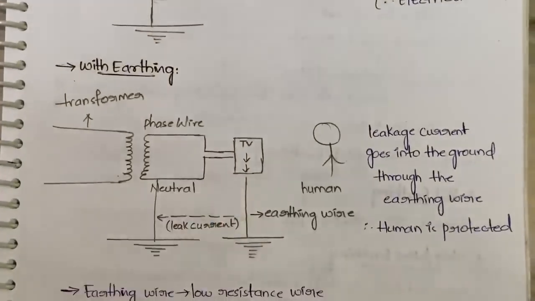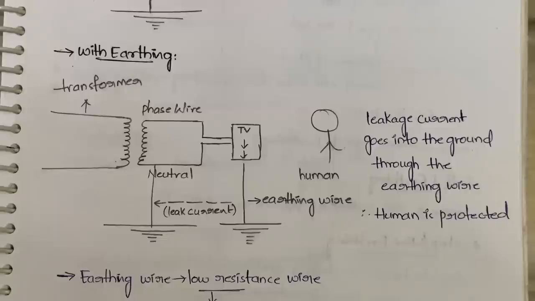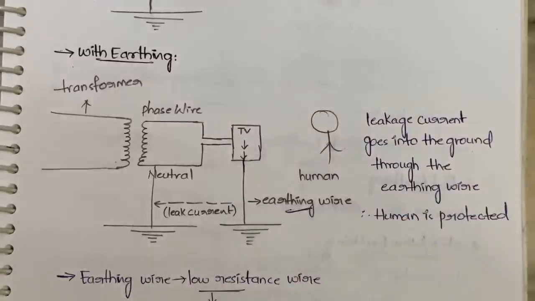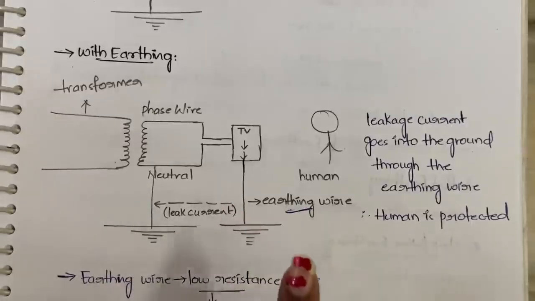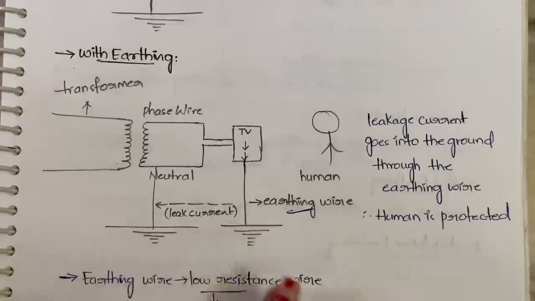Now when there is earthing, what will happen? From the transformer, current will be coming to the phase wire, and the phase wire will be sending it to the device. Whatever leakage current is there, that device is connected to an earthing wire. So the leakage current will be sent to the neutral with the help of this earthing wire.